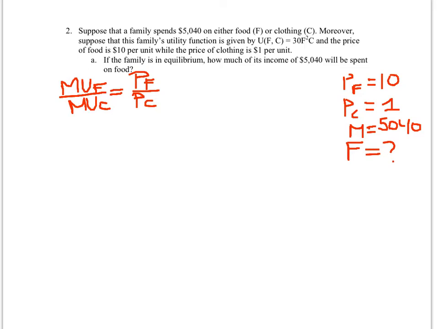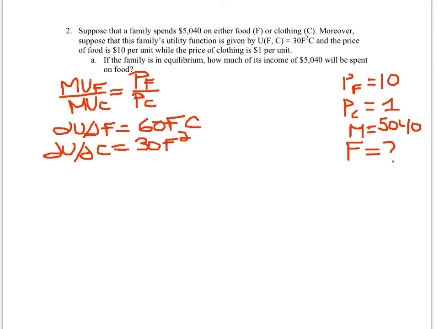Now the partial derivative of U with respect to F is going to be 60FC, and the partial of U with respect to C is going to be equal to 30F squared.